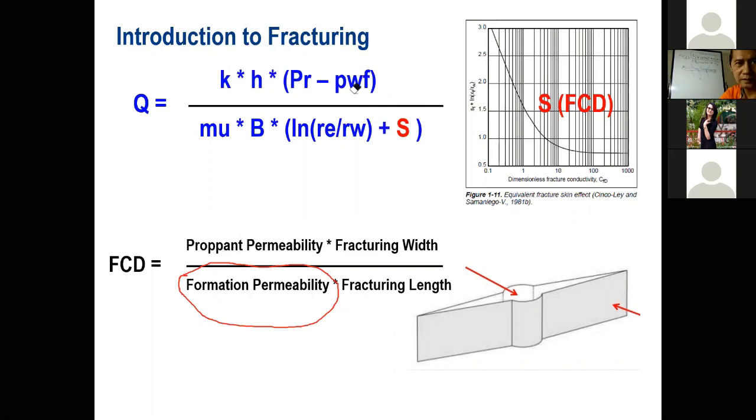All right, so let's say you have a formation permeability of 0.001. All right. If you deal with the nano permeability here, 0.001, what does it mean? How do you improve your FCD?